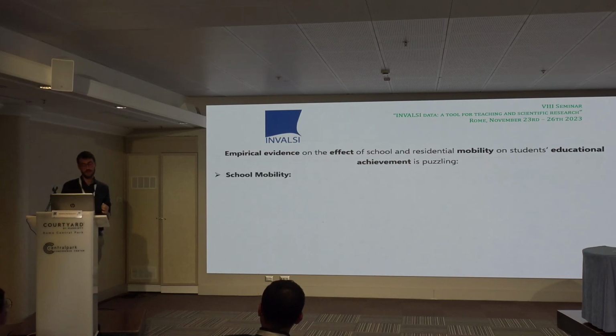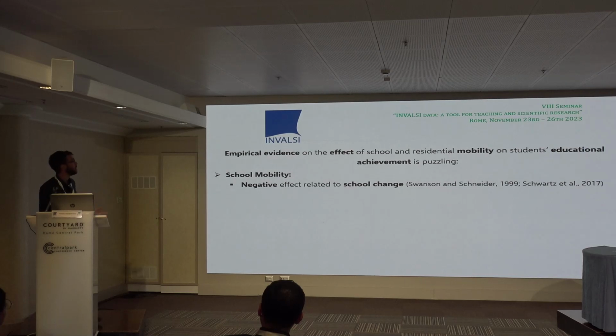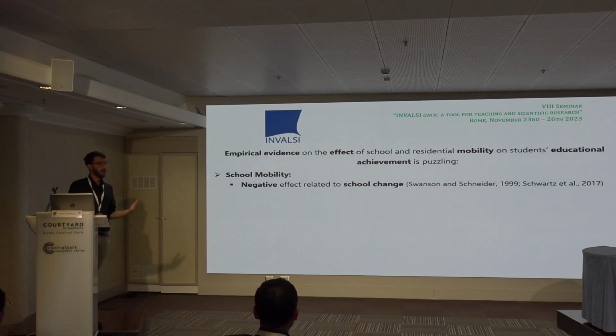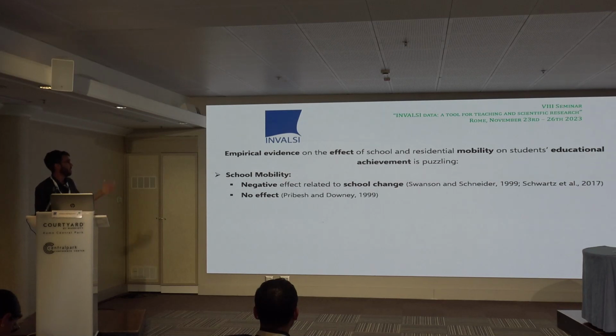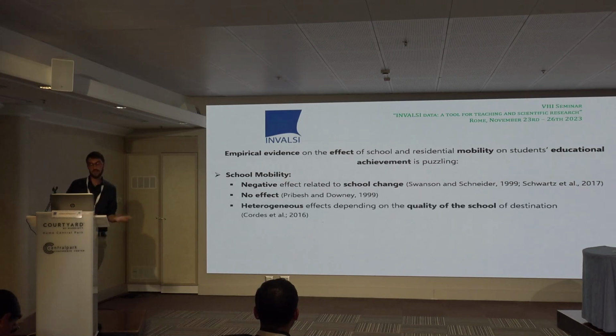In particular, some studies on school mobility found a negative effect related to school change. So, changing school reduces the academic achievement of students on average. However, other studies find no effects, and others, which account more precisely for the quality of the destination school, find that effects are heterogeneous depending on the school quality of destination.